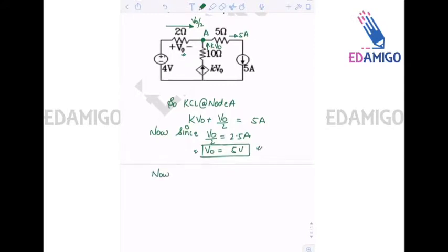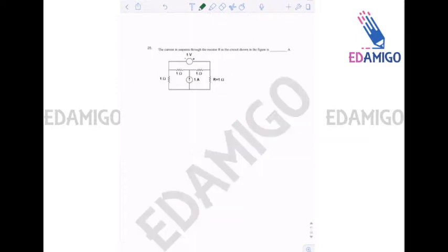V0 equals 5. Now equation number 1: K into 5 plus 5 by 2 is equal to 5. So K into 5 is equal to 2.5 and K is equal to 0. Okay, so this is the answer. Very simple question. So let's move on to question number 25.